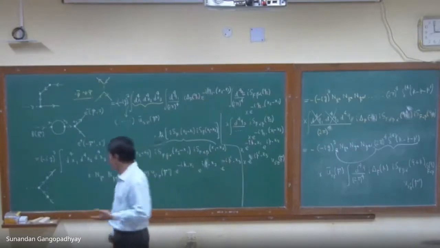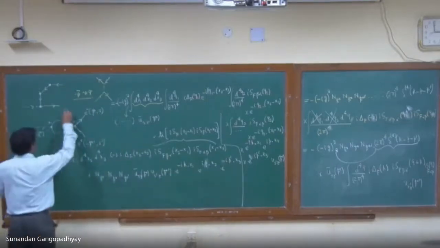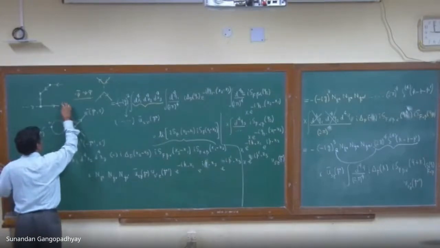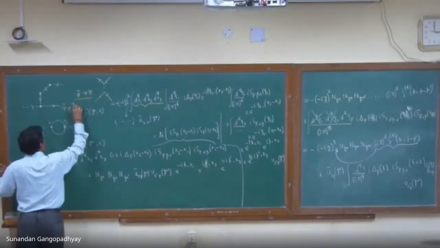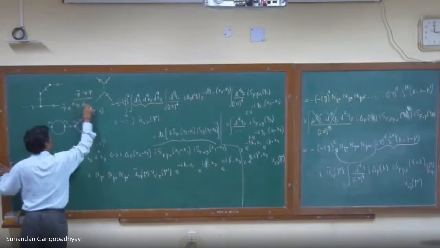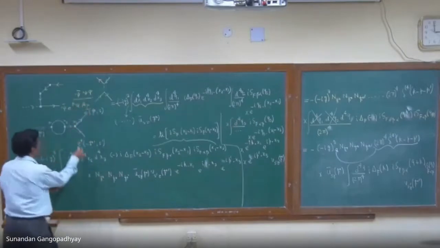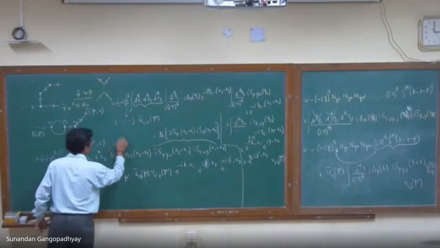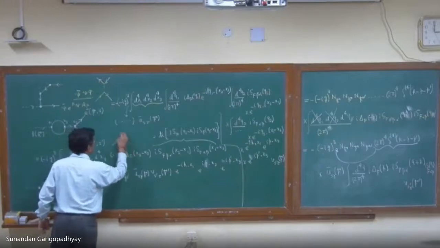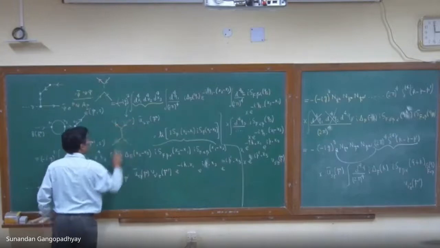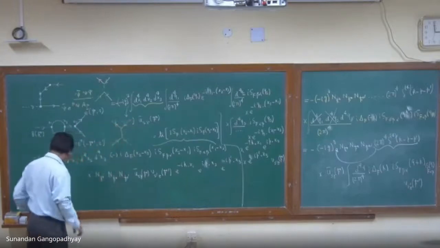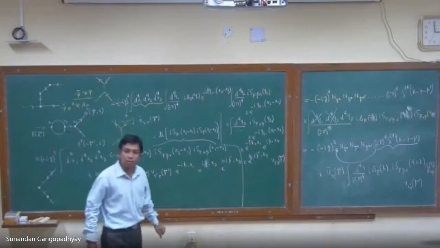In QED, you have something like this: psi bar gamma mu psi, k mu. So here also you have electron-positron scattering, electrons. But here the particle that is being exchanged is the massless photon.